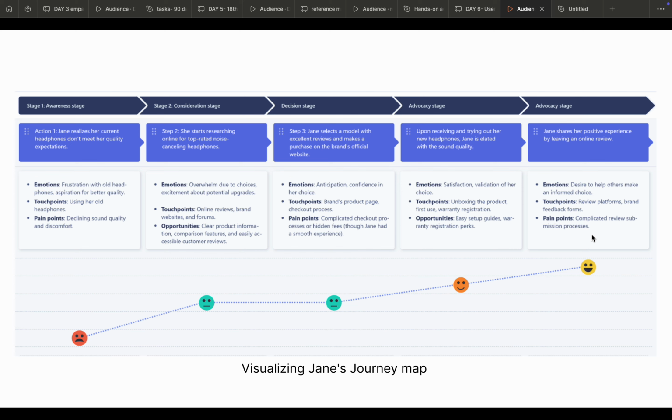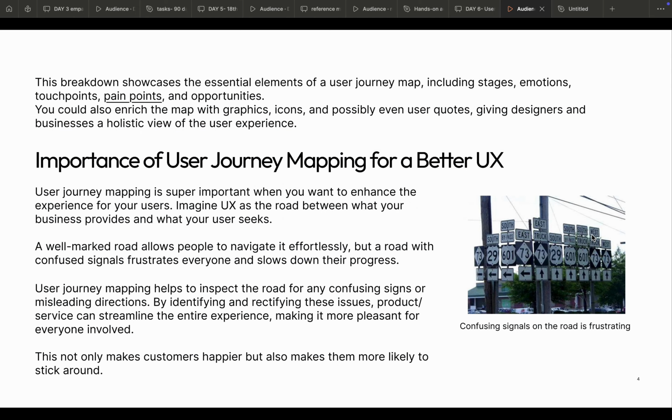And the pain point over here is that the review submission process is a bit complicated. Like she has to submit the proof that she has bought, because it needs to be a verified review, right? So this is how Jane's journey map would look if we do the visualization.